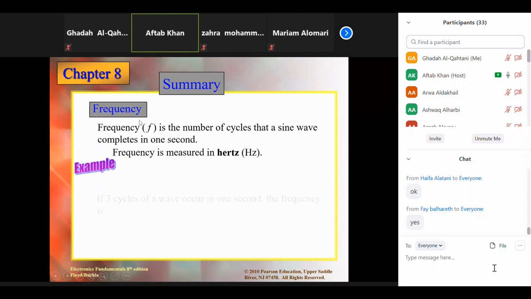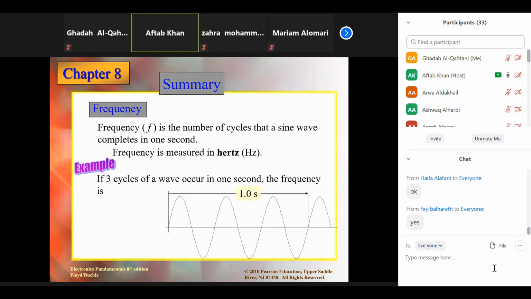Now see, if 3 cycles of a wave occur in 1 second, the frequency is, you can see here, it's so simple to understand. This is 1 cycle, another cycle, another cycle, 3. So it is simply 3 hertz.